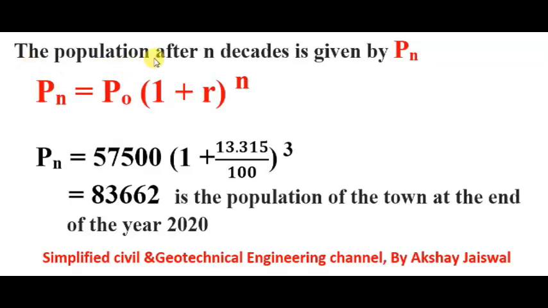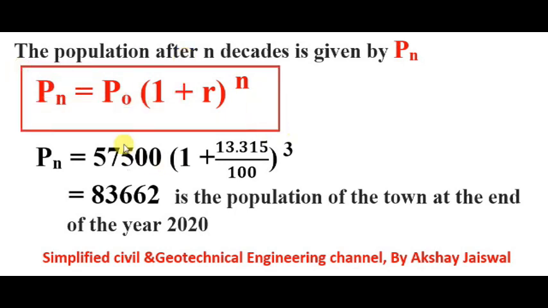The population after n decades by using geometrical increase method is given by Pn is equal to P0 into (1 plus R) raised to n. Here P0 is latest known population which is given in table, that is 57,500.